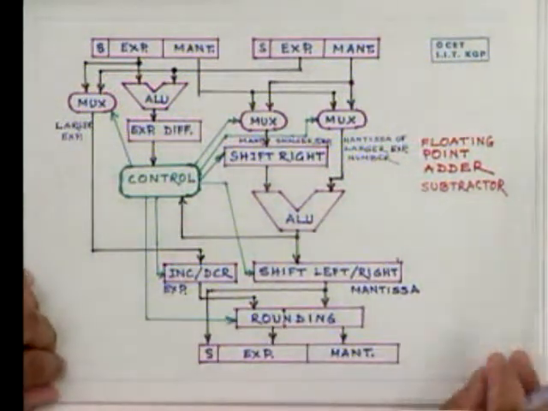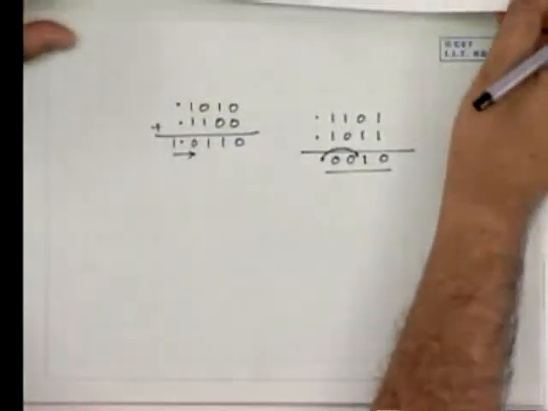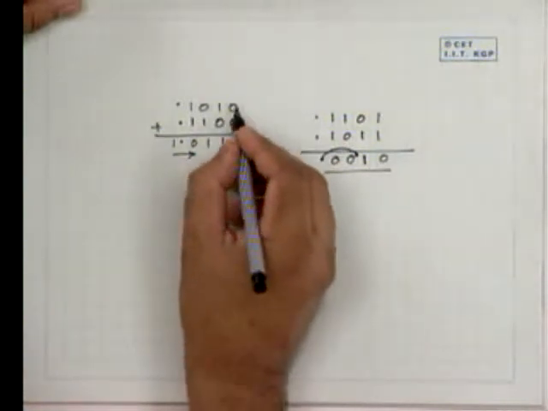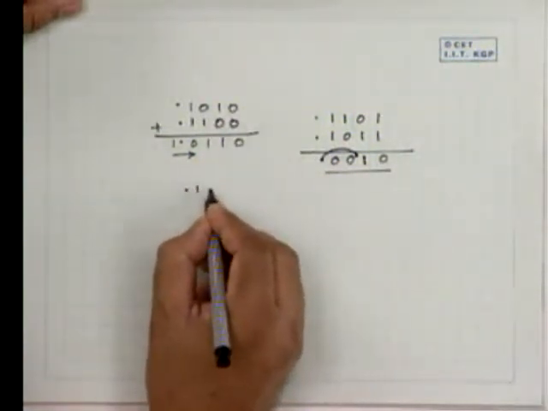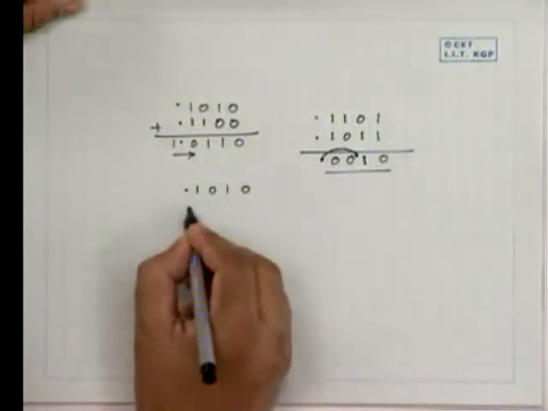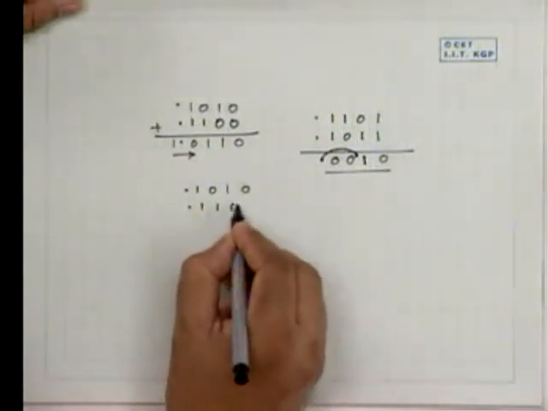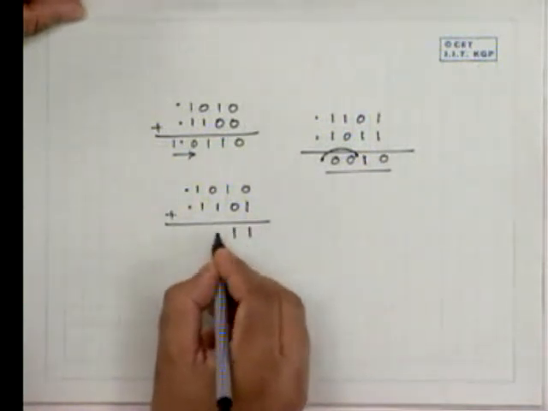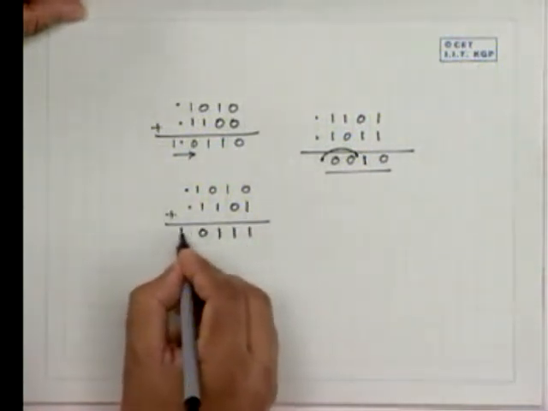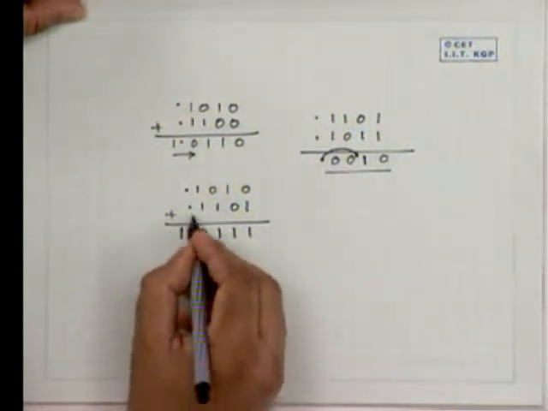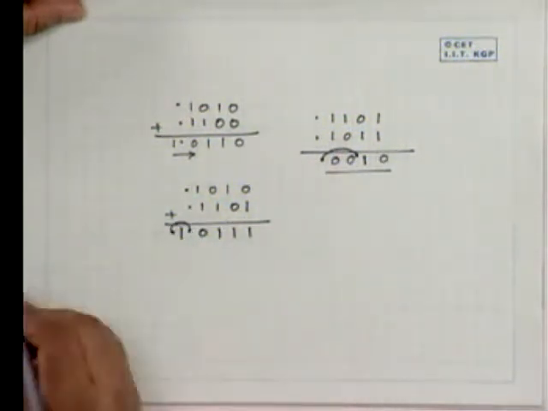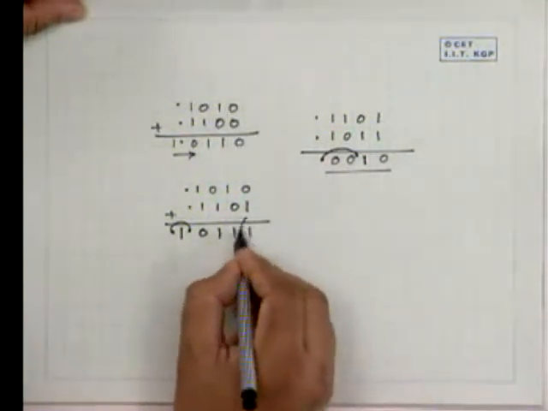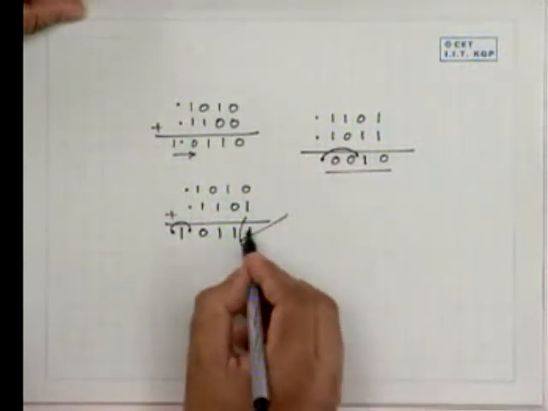And the rounding is done this way. For example, you have to shift out. Instead of this, had this been 0.1010 and 0.1101, and if you're adding, in that case this is 1 1 1 0 and 1, and the binary dot is here, which has to be shifted to this place, and to represent in the 4-bit representation, we'll have to naturally discard this 1 bit.